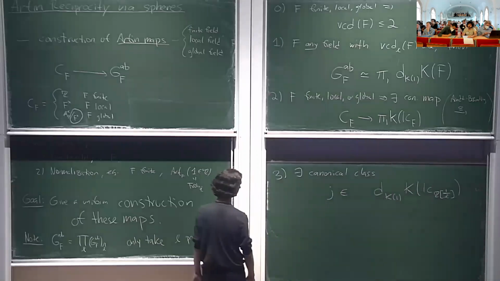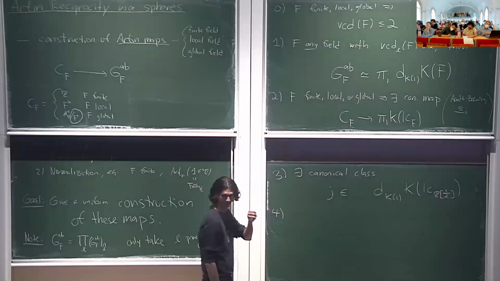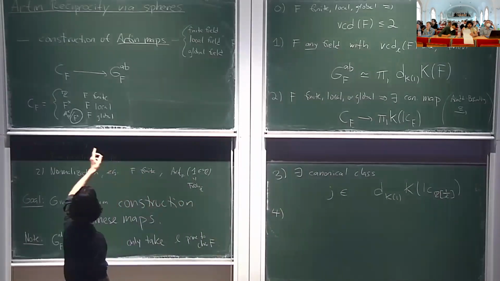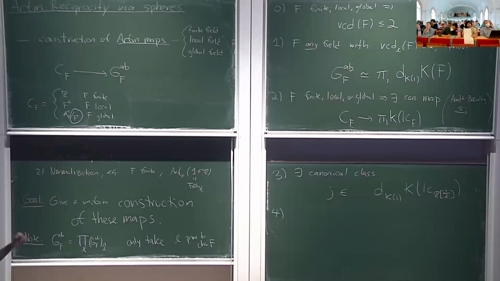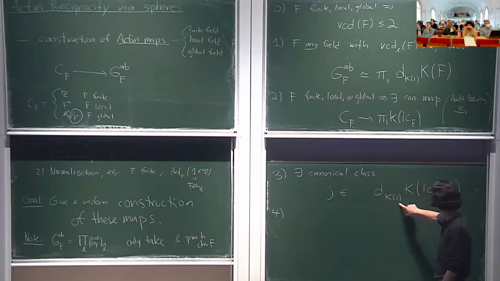Right. And then part 4 is you put it all together to get your Artin map. And this is just some simple diagrammatic nonsense, which I'll just do right now. Well, I have to tell you a little bit about this dualizing thing, but not much yet. All I'll tell you about it is this thing DK1.